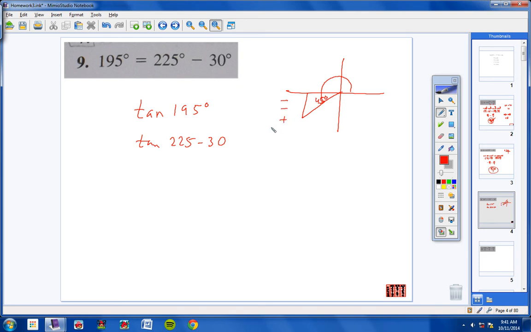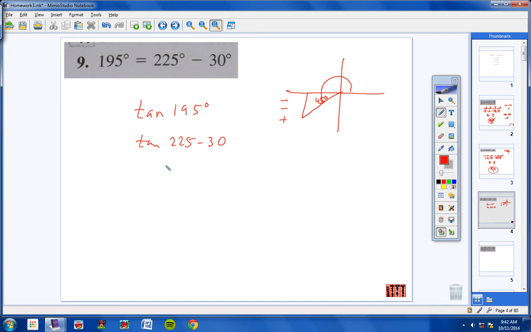So when I take the tangent of 225, it's really the exact same thing as taking the tangent of 45, as long as I remember that tangent here is positive, okay? So tangent of 225 is the same thing as the tangent of 45, as long as I remember it's positive, okay?